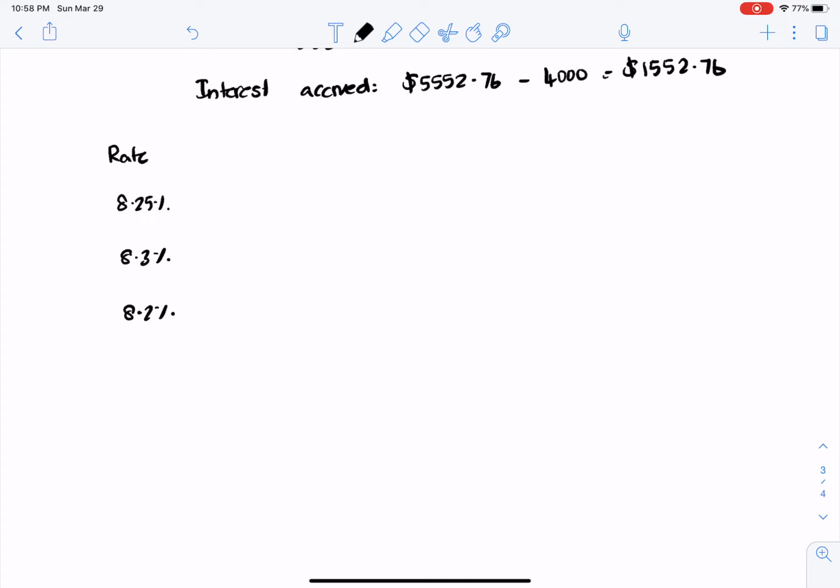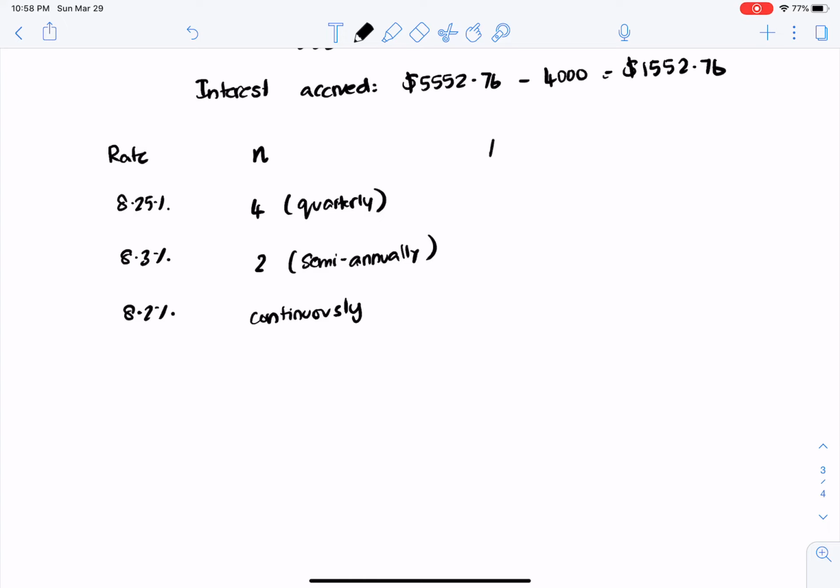The term is fixed, the principal is fixed. n initially was 4 times, that would mean quarterly, 2 times, semi-annually, and the last one is continuously.